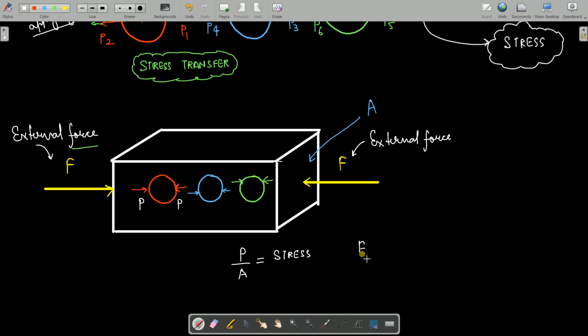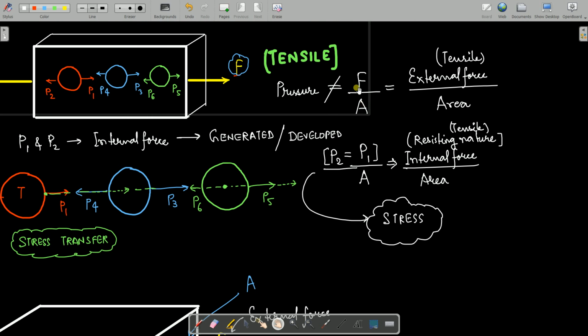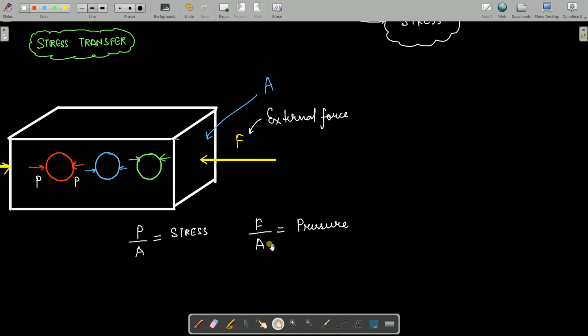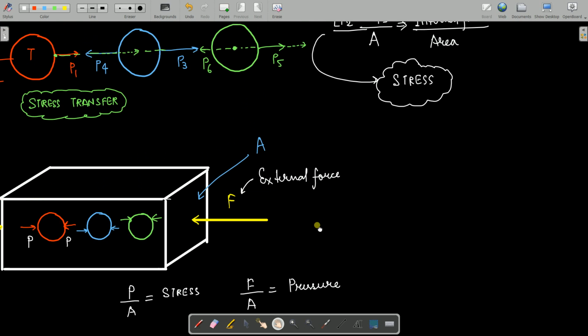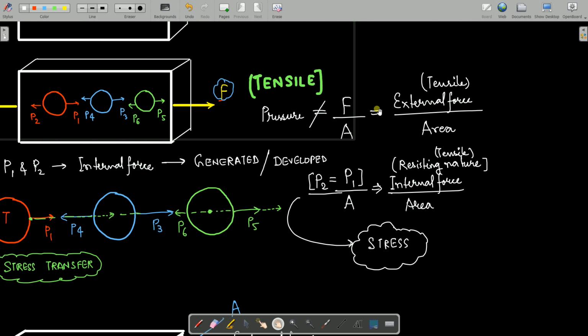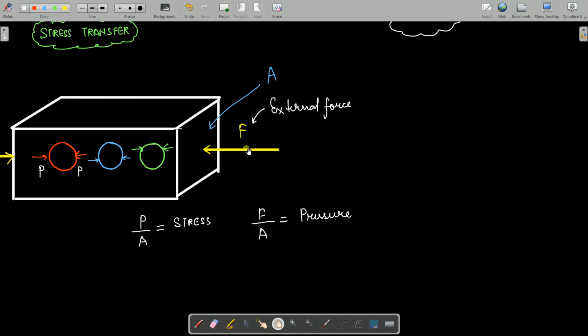If I write capital F by A, then I will call this pressure. Now you will be asking, sir, here you are writing P by A is not pressure, and here F by A is pressure. Why, sir? Dear, here F is an external force, but it is compressive in nature, whereas the other is tensile in nature.